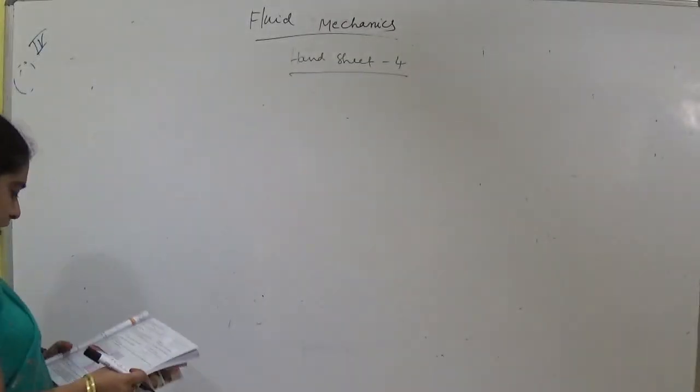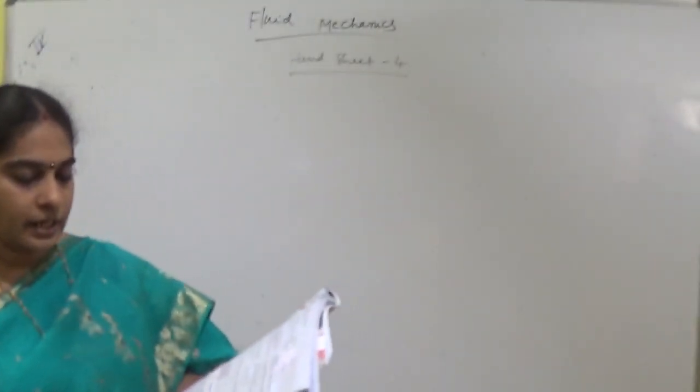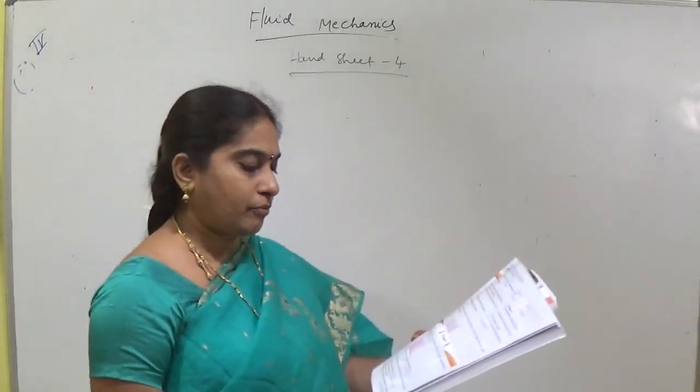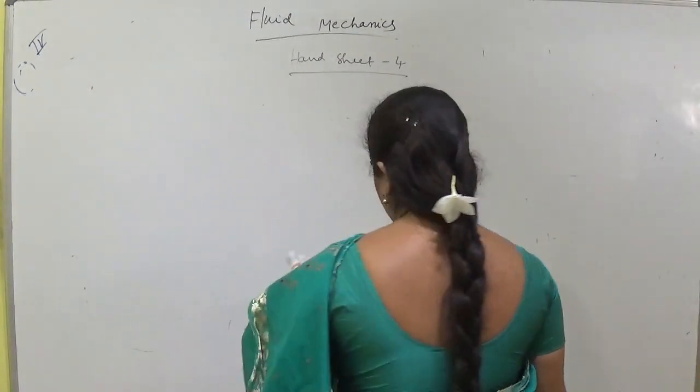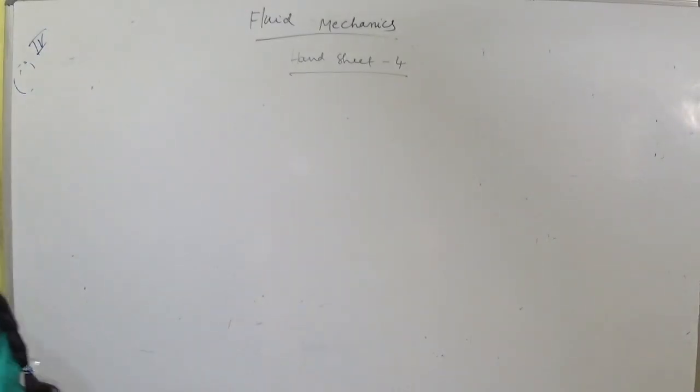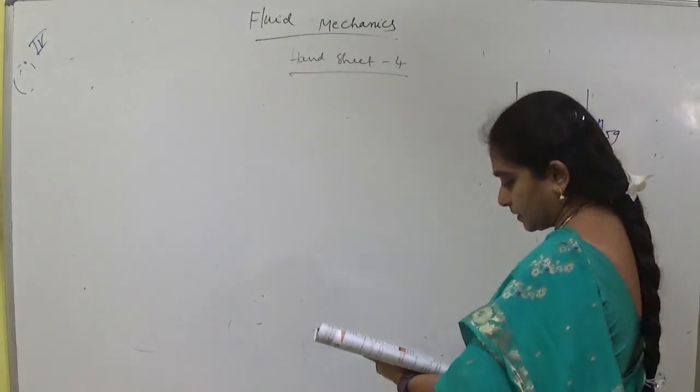Next, another question. A water tank near the earth's surface is accelerated upward at a constant rate of 5g. Specific gravity of aluminum is given as 2.65. So acceleration is 5g.